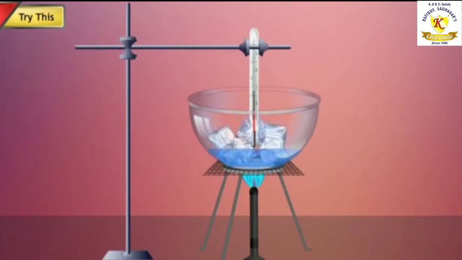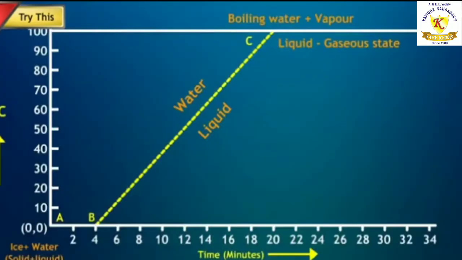Record the temperature using the thermometer after every minute. As the ice is heated, it starts melting. Stir the mixture of ice and water. Continue the heating even after ice starts melting. Draw a graph of temperature versus time.